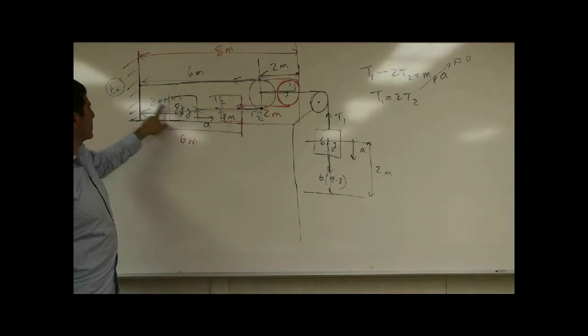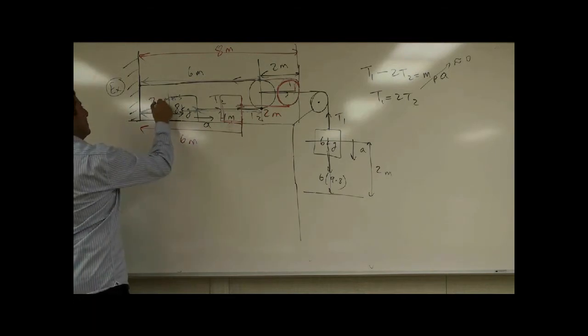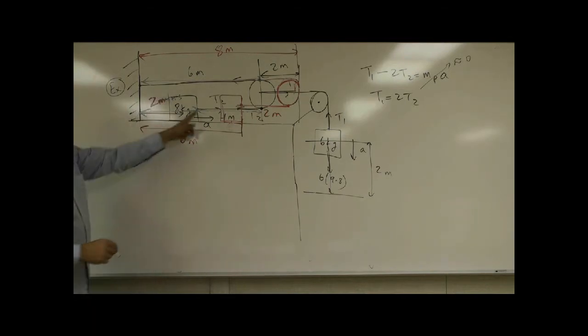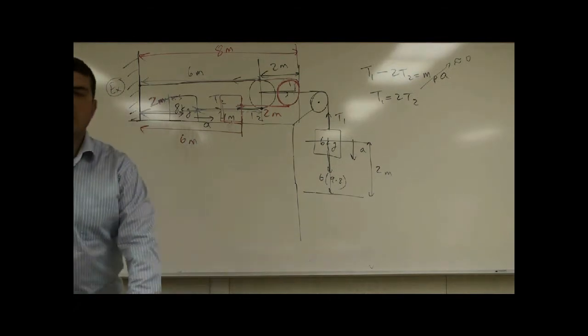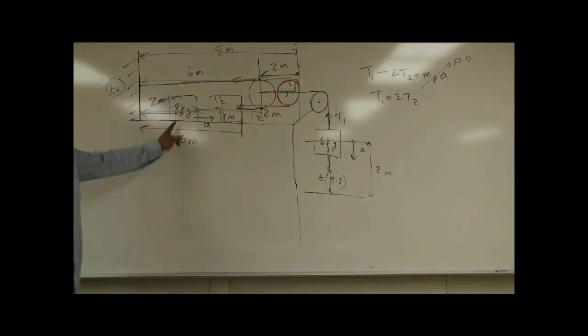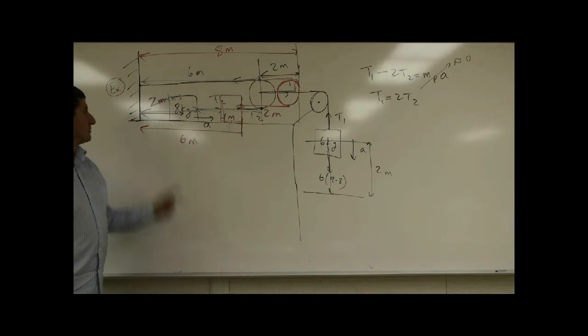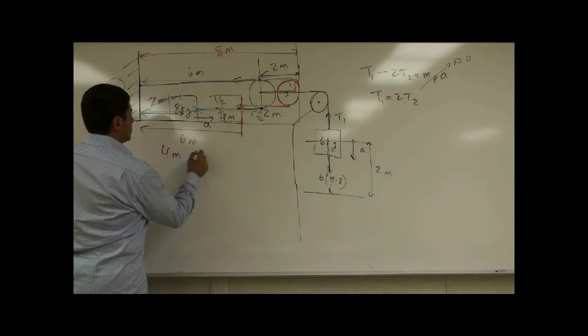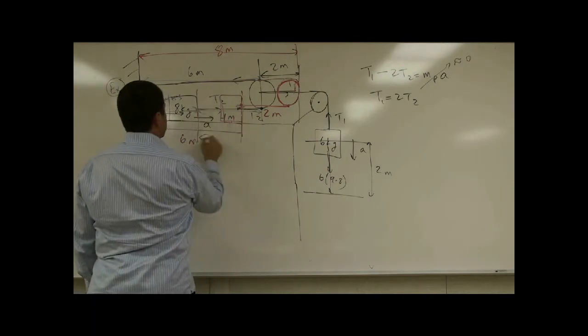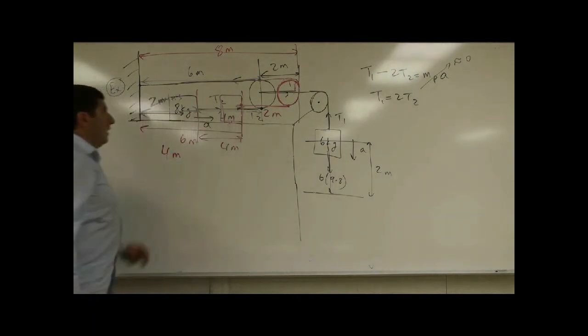The 8 kilograms started out 2 meters to the right of the wall. It ended up 6 meters to the right of the wall. How many meters did the 8 kilogram move? It moved 4 meters, 2 to 6, right? 4 meters. So from here to here was 4 meters.